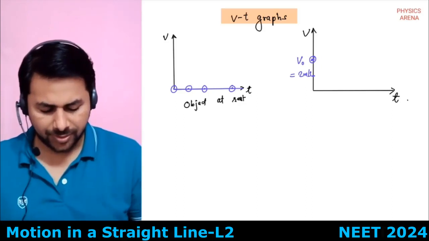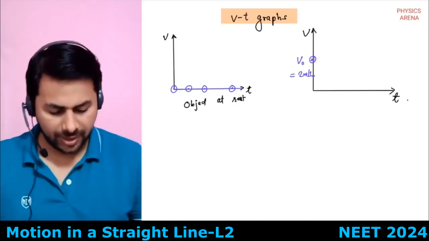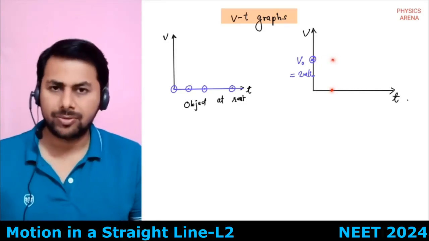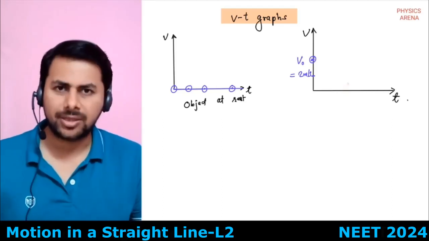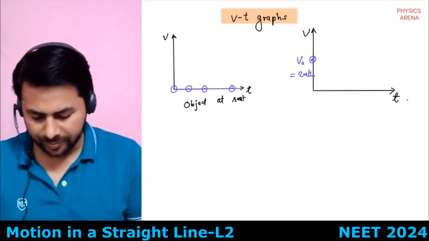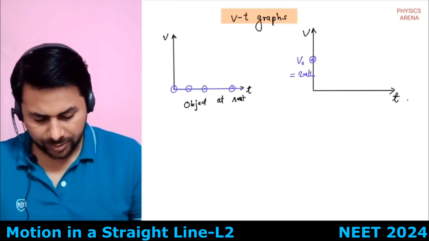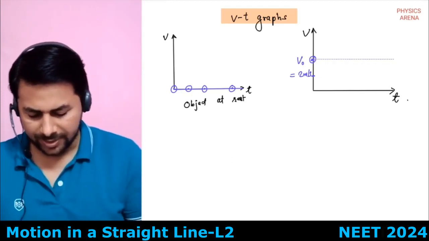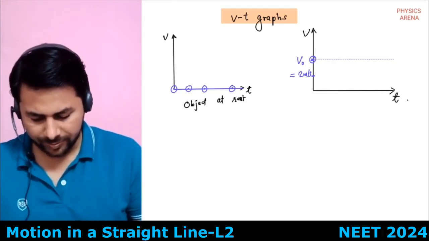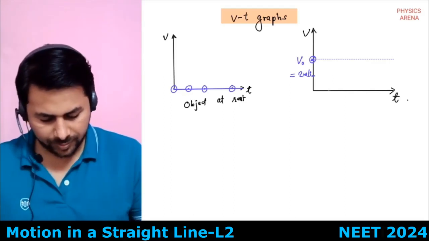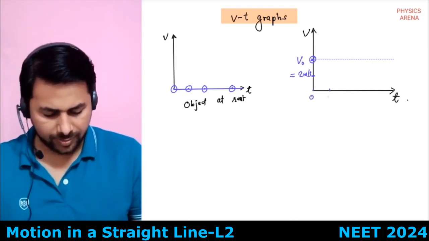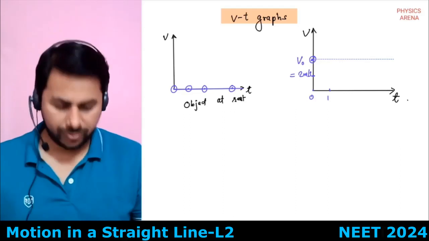So at t equals to 0, it is 2 meters per second. At t equals to 1, it will be 2 meters per second. At t equals to 3, it will be 2 meters per second. So you will get a graph like this. At t equals to 0, it is v naught.